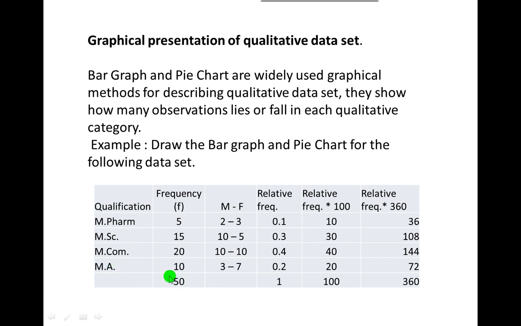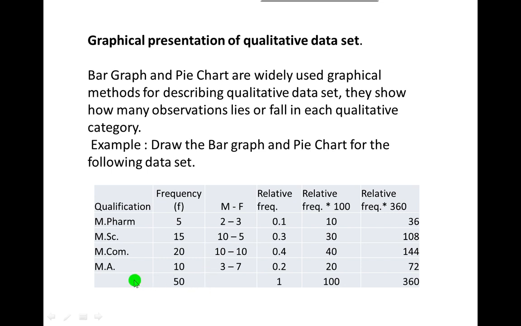If you collect 50 observations, out of 50 you have 5 observations of MPharm qualification, 15 of MSc, 20 of MCom, 10 of MA education. This is the given data.